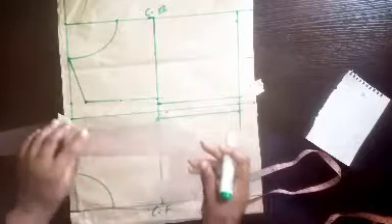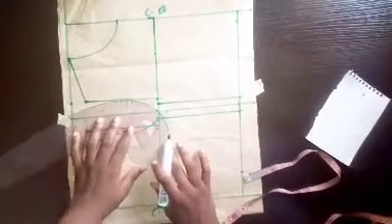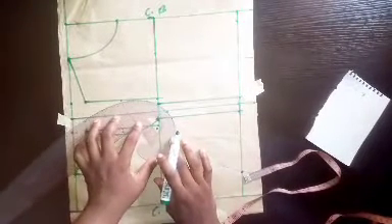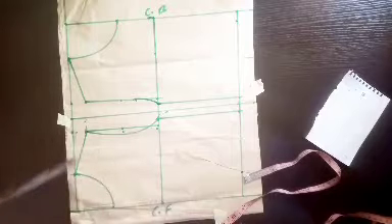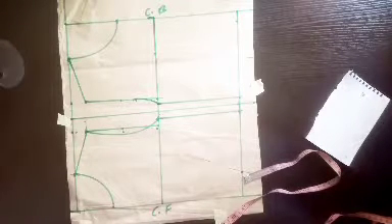So this is the armhole for the front, and for the back you don't need to come in, just use your curve to connect it. This is what we have.